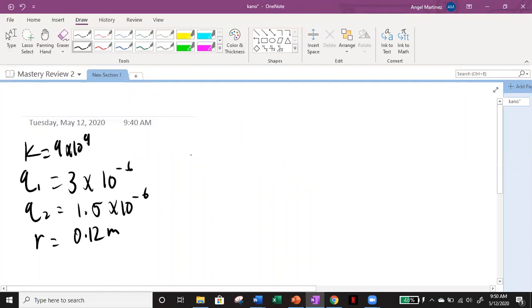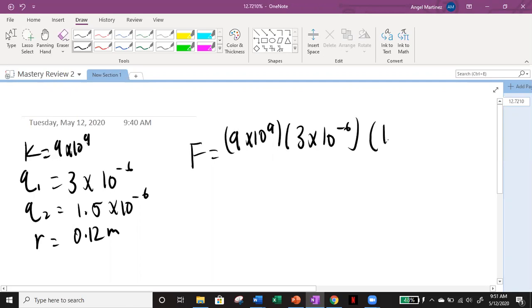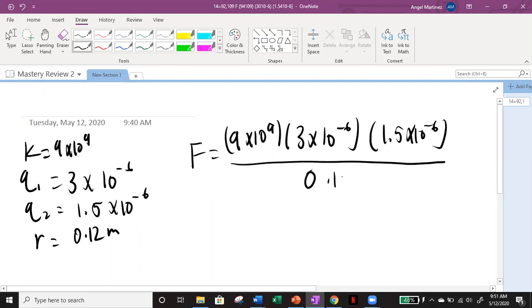So that means our F equals 9 times 10 to the 9 times 3 times 10 to the negative 6 times 1.5 times 10 to the negative 6 all over 0.12.